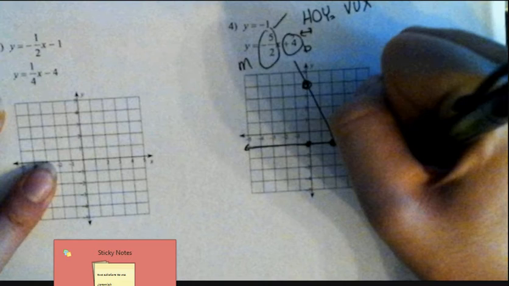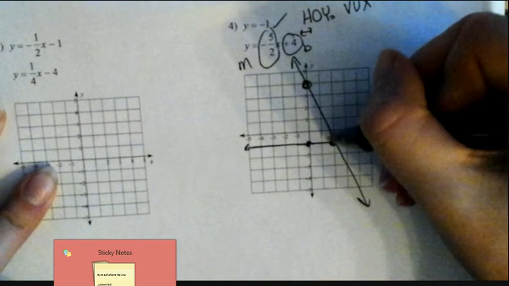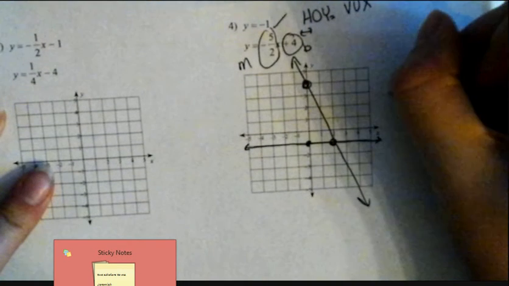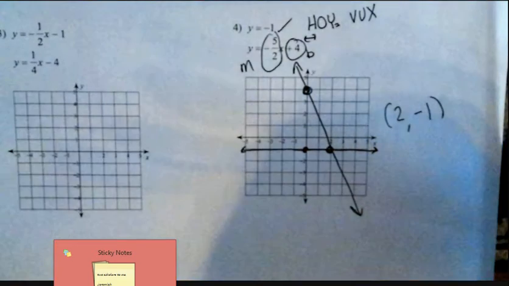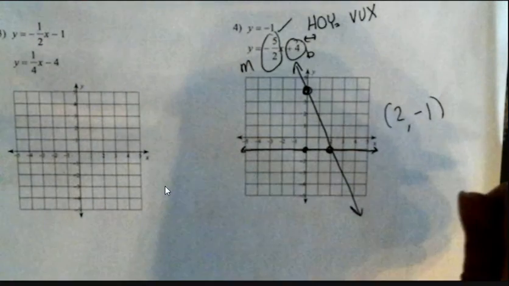Okay, so our solution is going to be right here, and that's at the point 2, negative 1. So those are 2 examples to get you started.